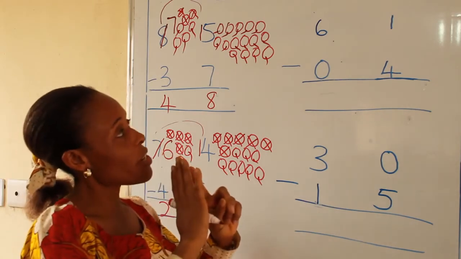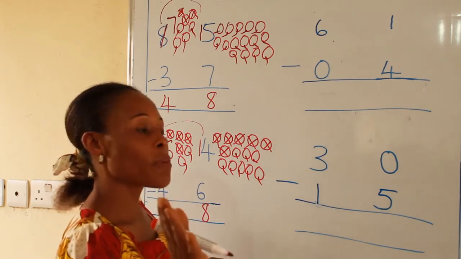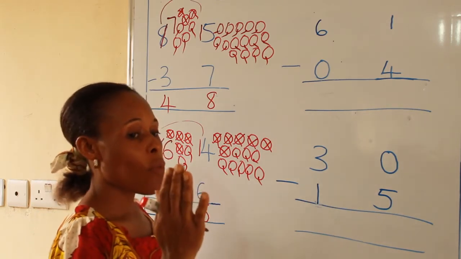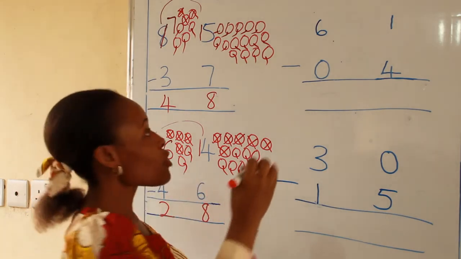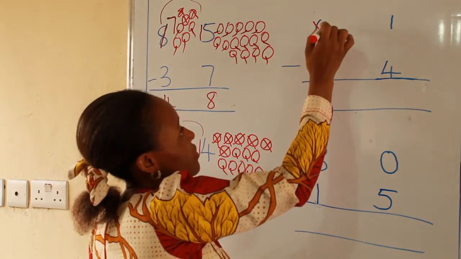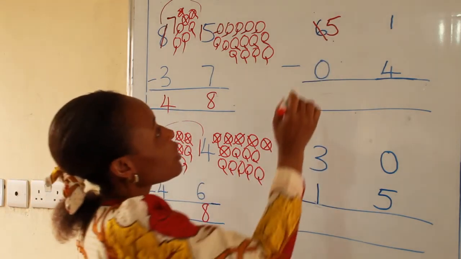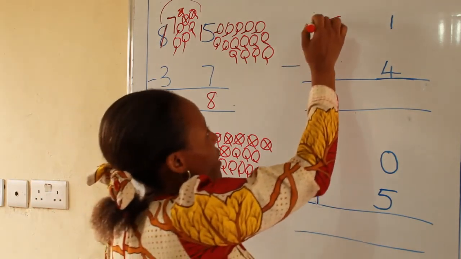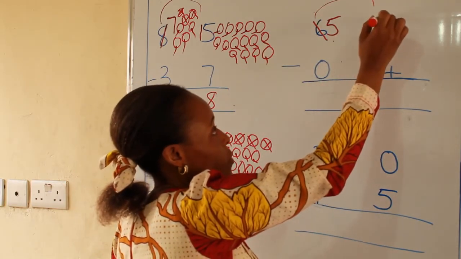So we have 6 fingers here, and we've subtracted 1 finger. How many fingers will be left, children? Count them. 1, 2, 3, 4, 5. So we are going to cross out number 6, and then we'll write number 5. And then the 1 number we've borrowed, we'll take it over. Because it is 10, we add it to number 1.